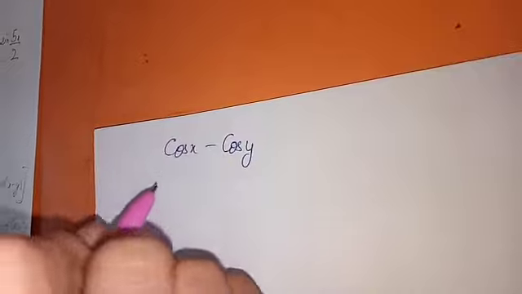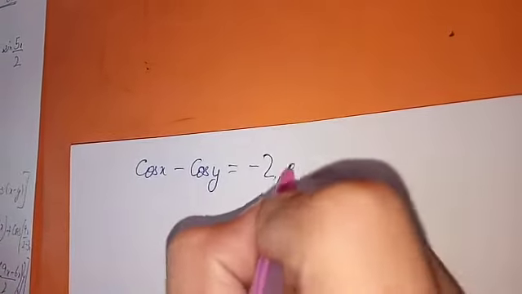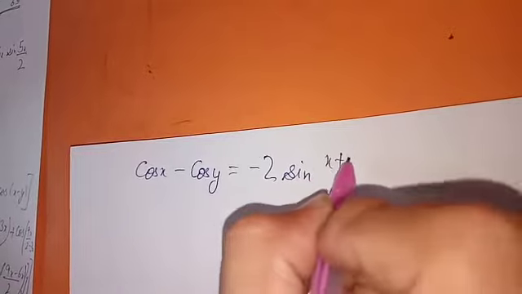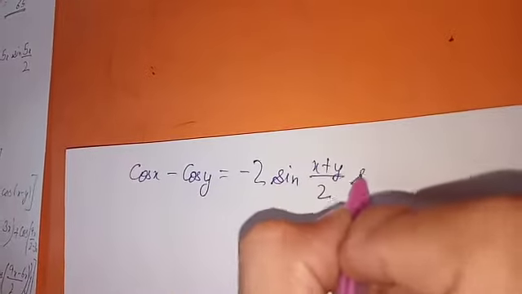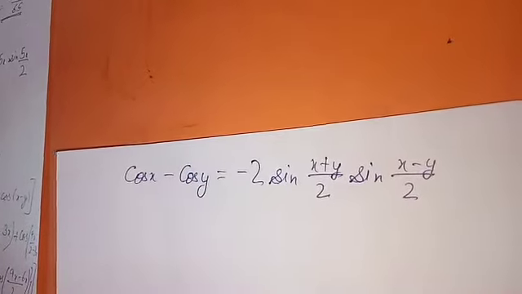Okay, now here we can use another formula of cos x minus cos y. Cos x minus cos y is equal to minus 2 sin of x plus y by 2 into sin of x minus y by 2.